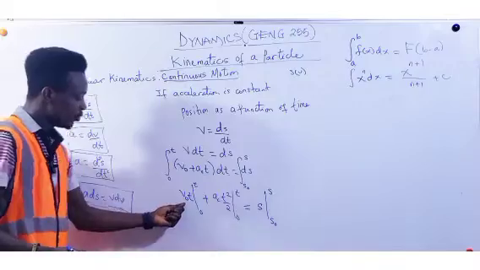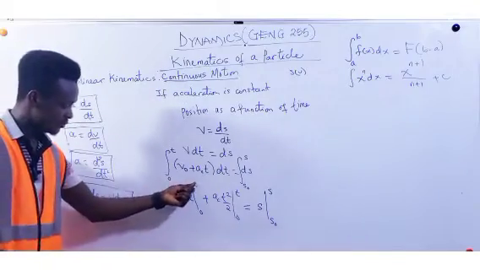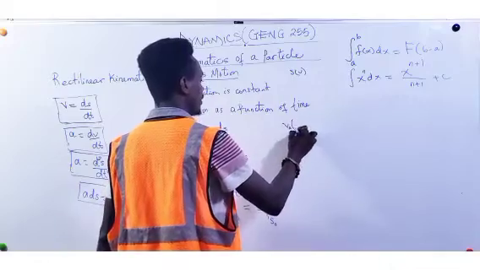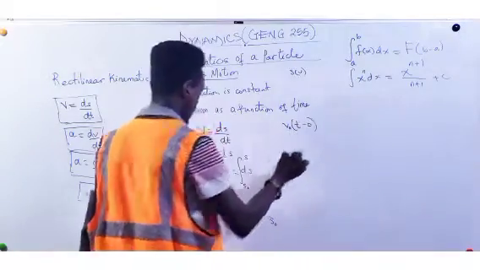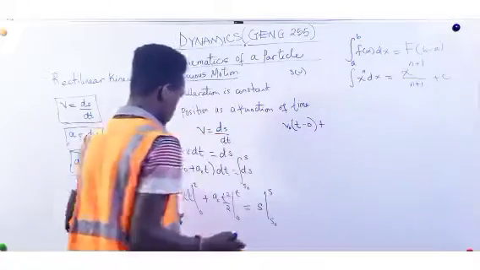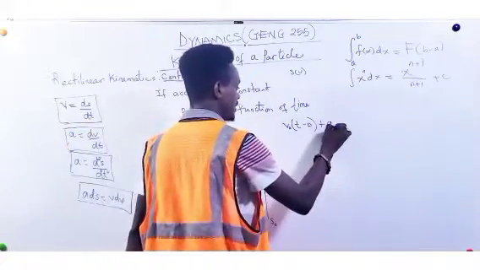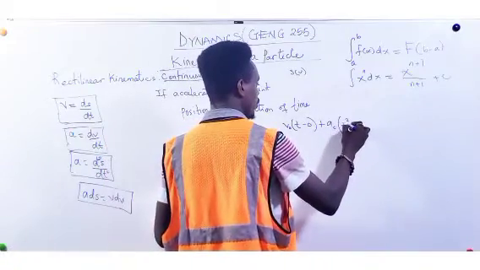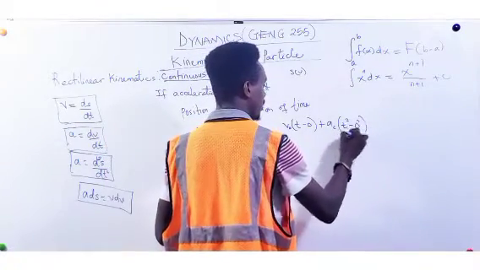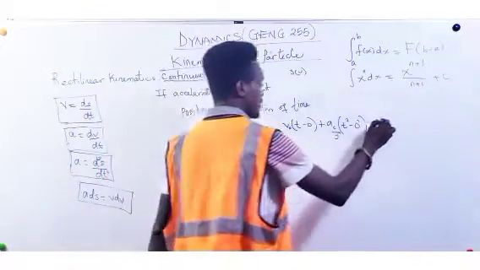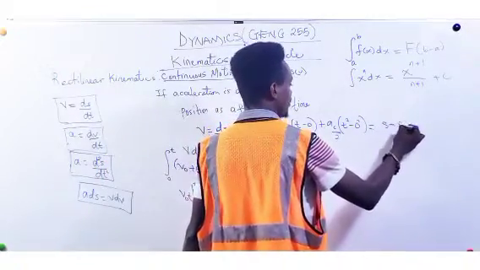So now we do our substitution. This and this, we'll have v0 parenthesis t minus 0, again, the same analysis we did first, plus ac parenthesis t squared minus 0 squared all divided by 2 is equal to s minus s0.